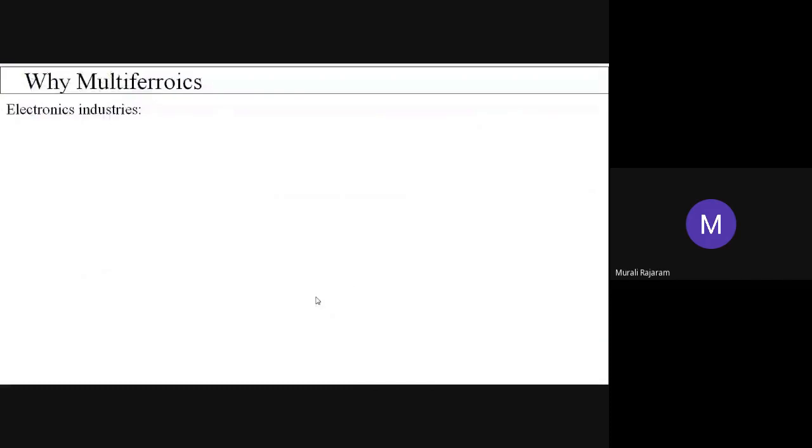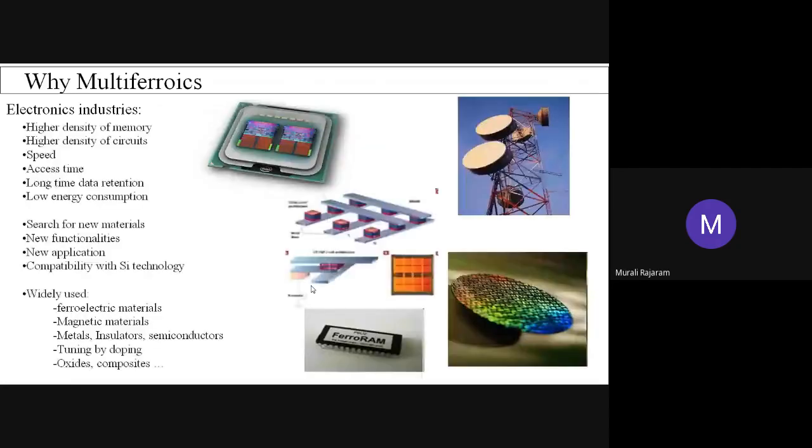Okay. So before getting into the details, as I said before, we will see why these multiferroic materials are very important. In the electronic industries, you know that we now need high density of memory.